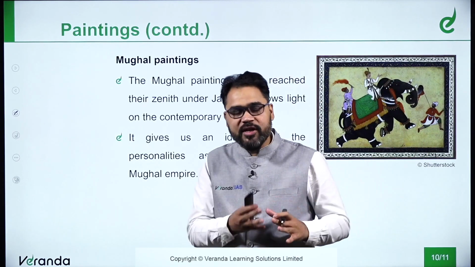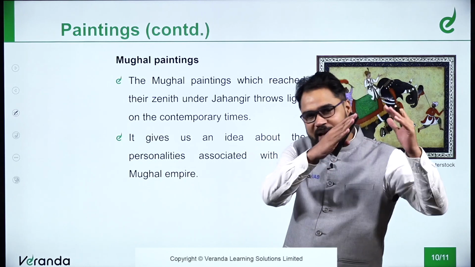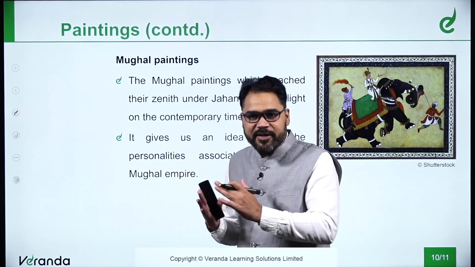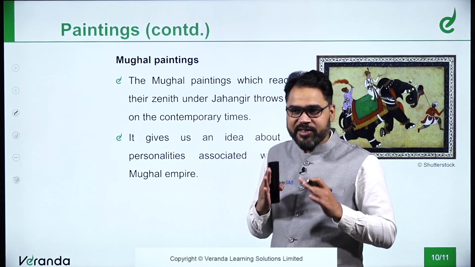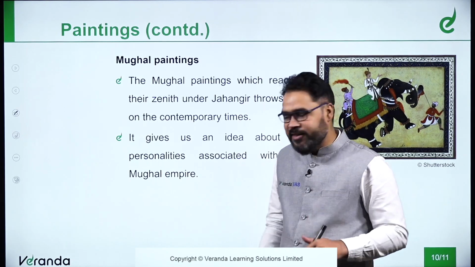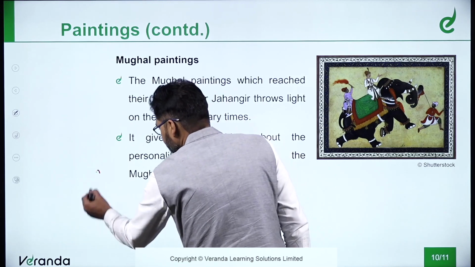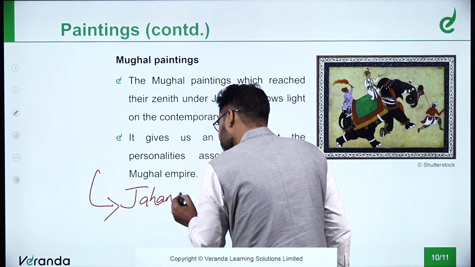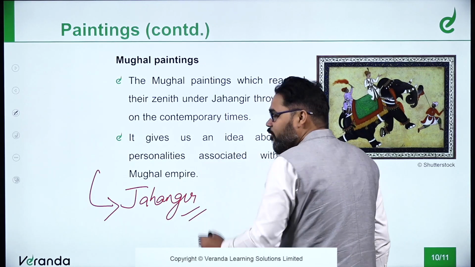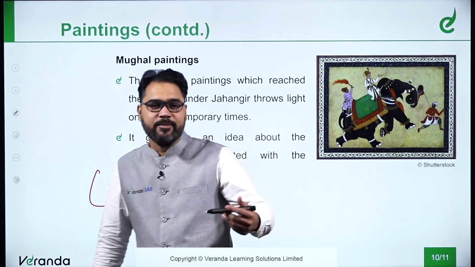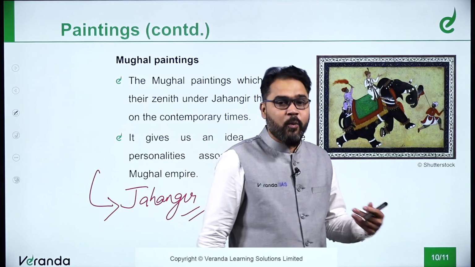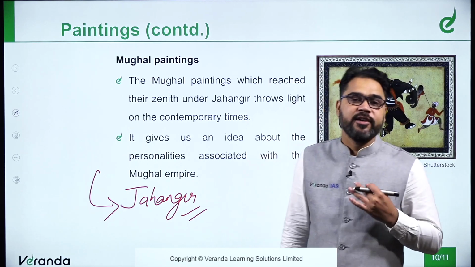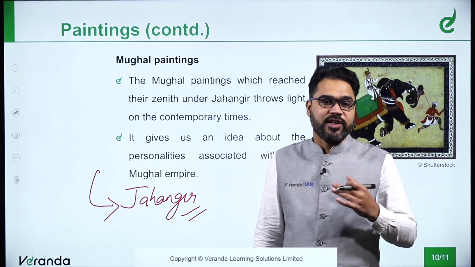Similarly, there was a significant amount of development from that particular time, from ancient India moving to medieval India. Specifically with reference to medieval India, it was during the reign of Jahangir that Mughal paintings, Mughal art, and Mughal architecture reached a new zenith.